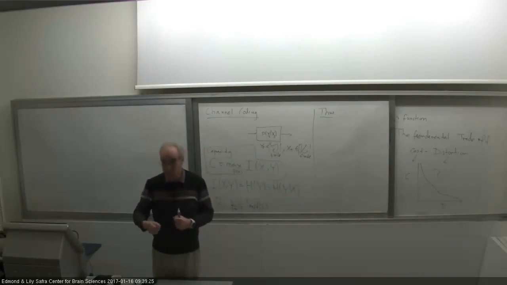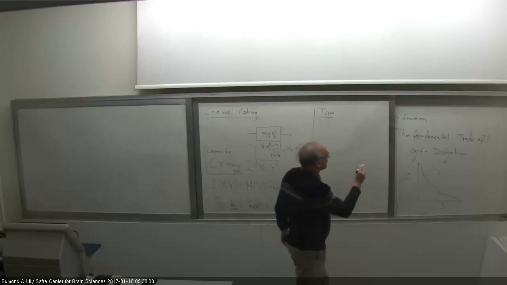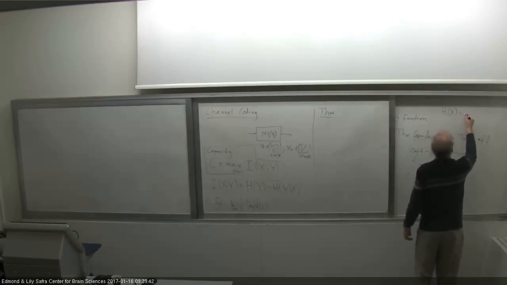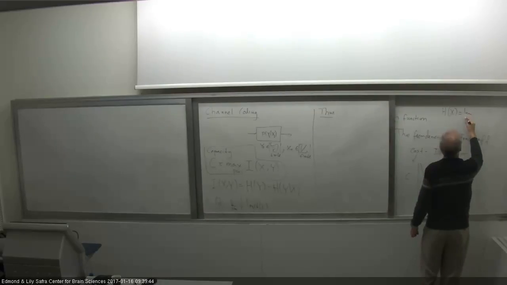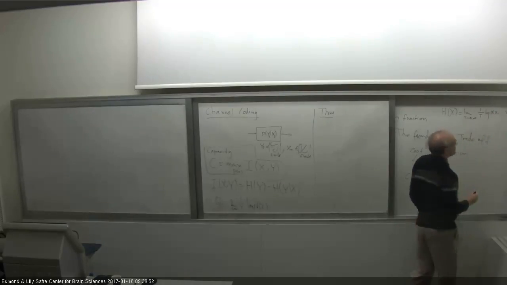So the whole point is that there is a source with an entropy rate, which means it generates some bits per second. Entropy rate was defined already, if you remember. The entropy rate of a source was the limit, as t goes to infinity, of 1 over t log the probability of x1 to xt.